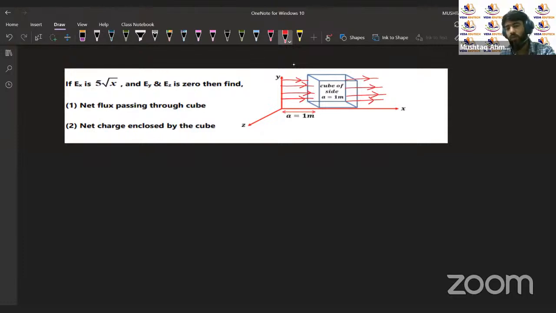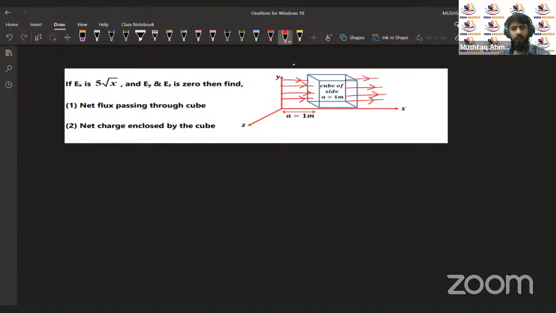And for the rest of the four surfaces, the electric flux will be 0 because all those surfaces are directed either along the z direction or along the y direction, and there is no component of electric field along y and z direction, right?